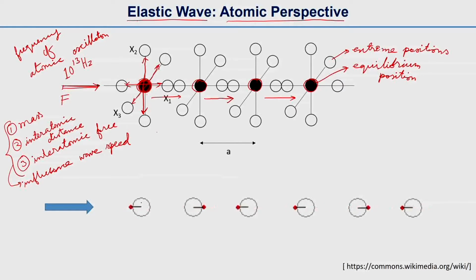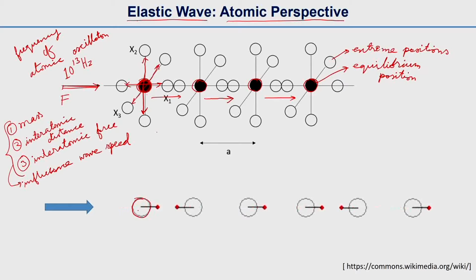Let's assume that this circle is the original position of the atom, and it is oscillating right to left.